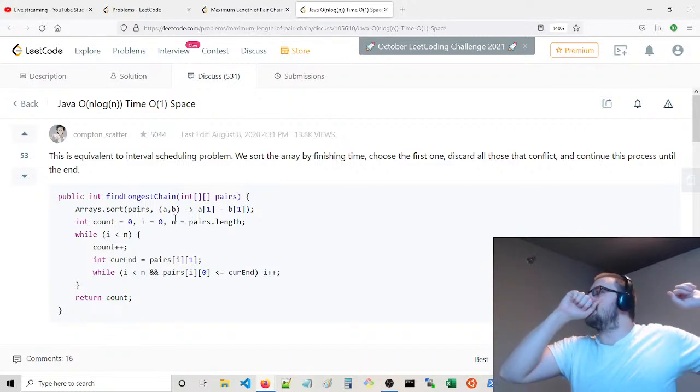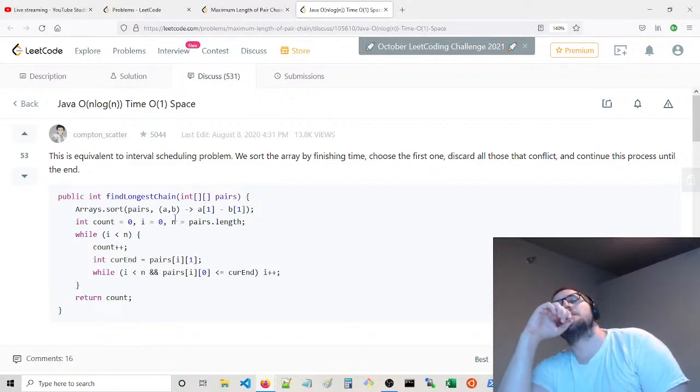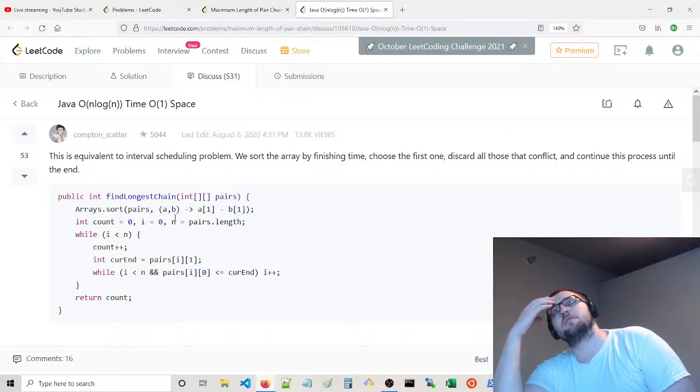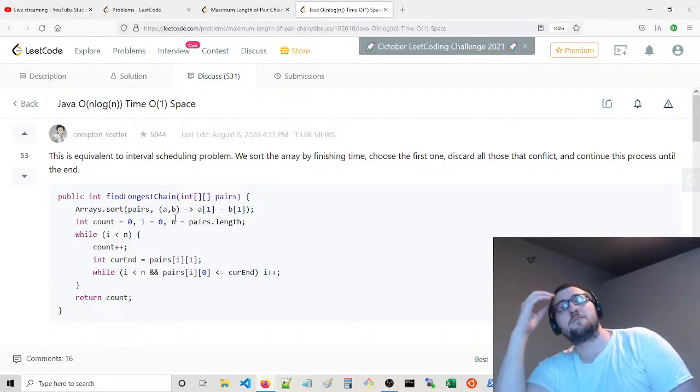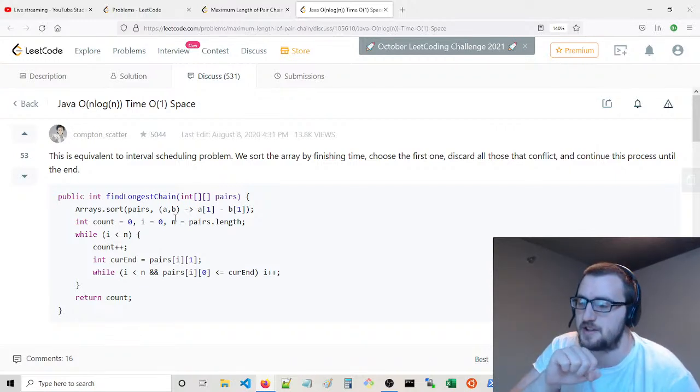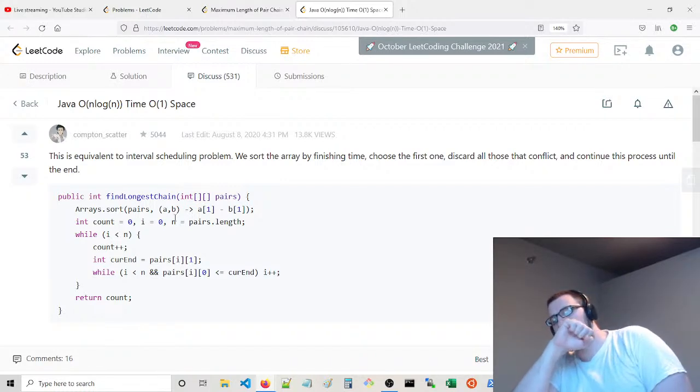The intervals that are not... I guess just discard all those that conflict is a simple way to express it. Another way to say it is disjoint: discard the non-disjoint intervals, or find the next disjoint interval with the smallest ending value.